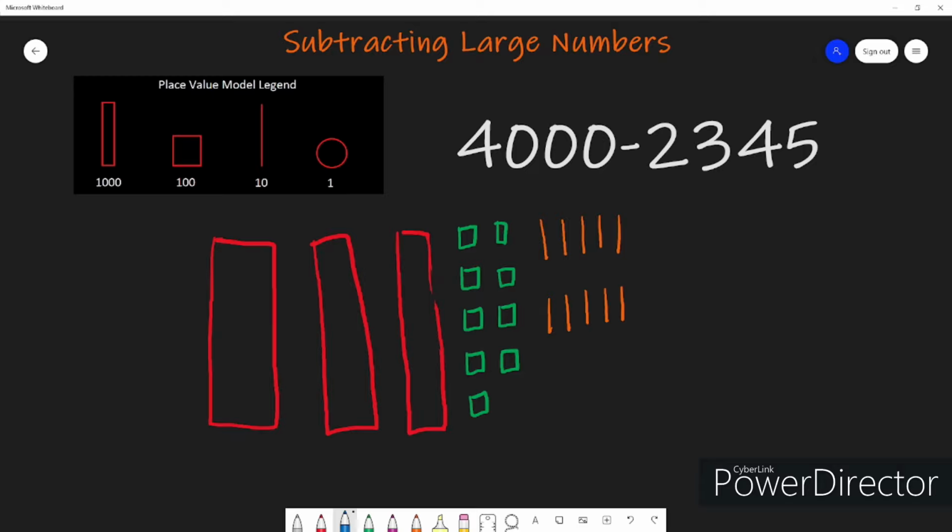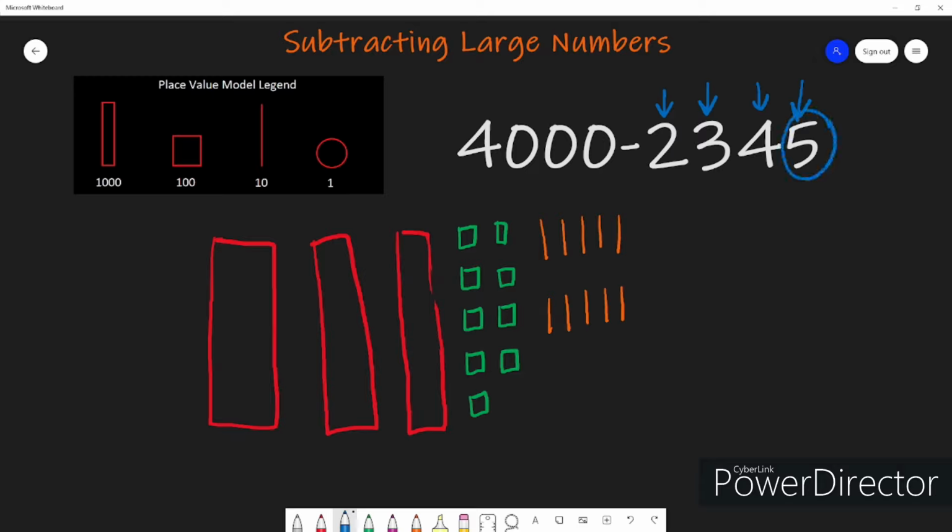In our final step of the idea of ungrouping, which is breaking down numbers in order to have enough to subtract, and we'll get into that here in a moment, we have to look at the ones place value. Since we looked at the tens place value at the 40, as well as the hundreds place value at 300 and the thousands, we don't have enough ones.